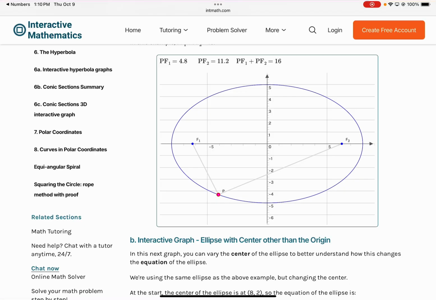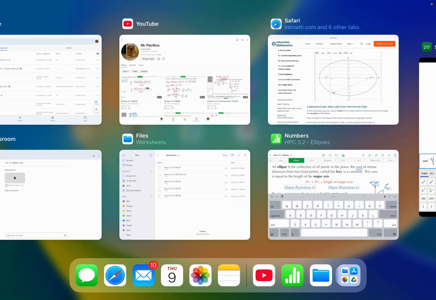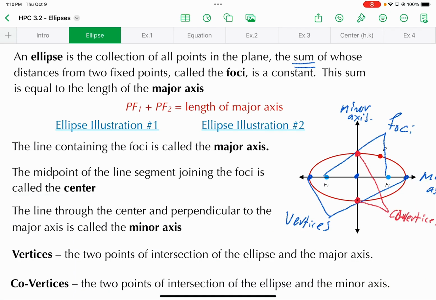No matter where I put that point, 4.8, 11.2, whatever, that sum stays as a constant of 16, okay? All right, so there's one of our illustrations. So again, a collection of points, the sum of whose distances from two fixed points is a constant, okay?